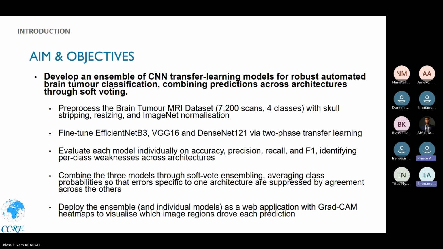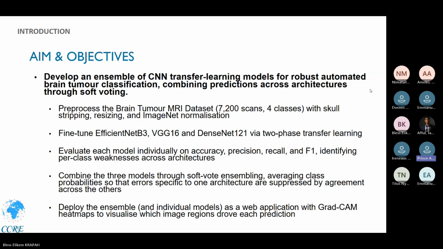We aim to develop, with this project, an ensemble of CNN transfer learning models for robust automated brain tumor classification. To do this, we are pre-processing brain tumor datasets with skull stripping, resizing, and ImageNet normalization.